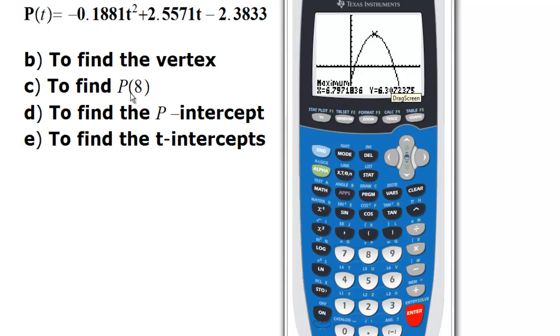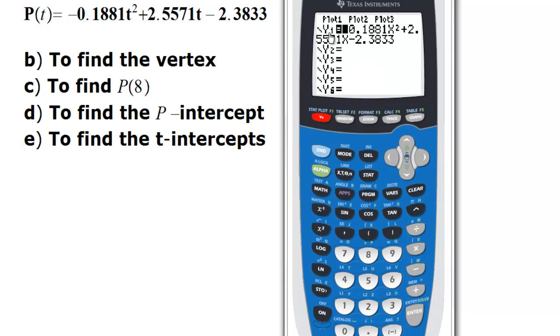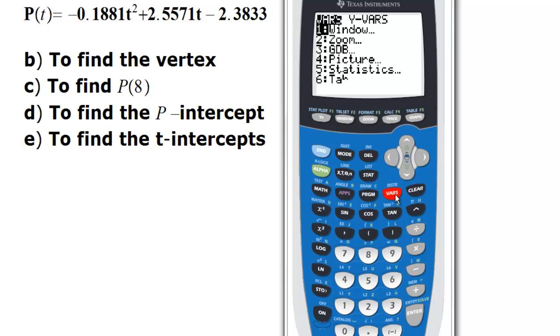Now it's asking us to find P(8). That will be the value of y at 8. So in this case my y is y1. So what I can do is go to vars. Oh, I'm sorry, I should not have pressed second. I just go to the variables and I want the y variable. So let's select that.